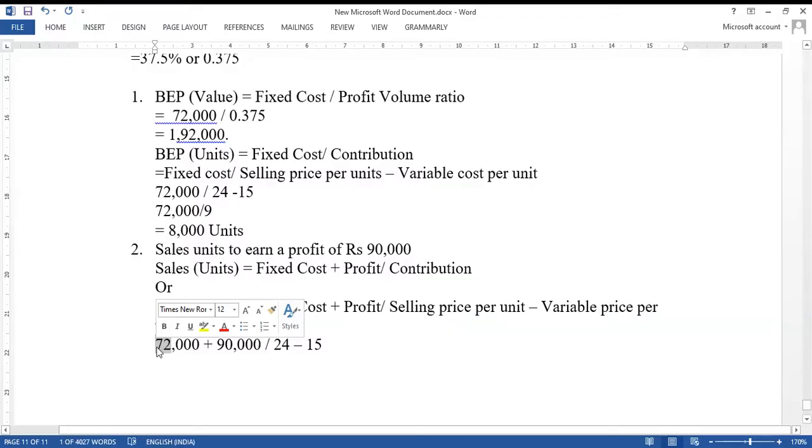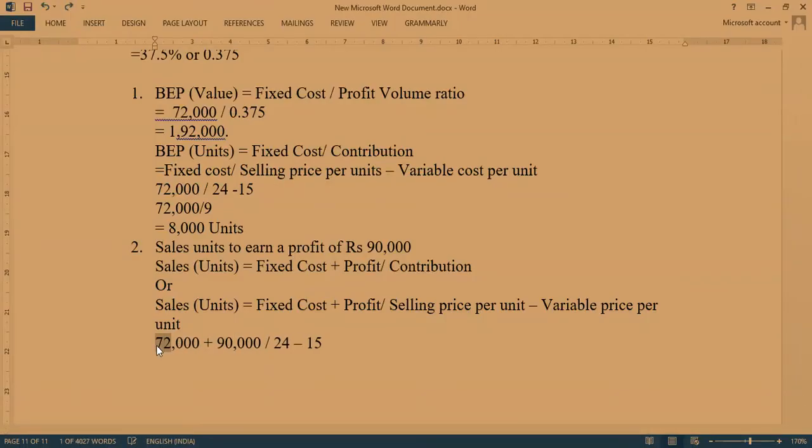Find a solution so that you can get a direct solution. Equals, again you can put it like this. Approximately, 1 lakh 62,000 divided by 9, you will be getting around approximately 18,000 units.